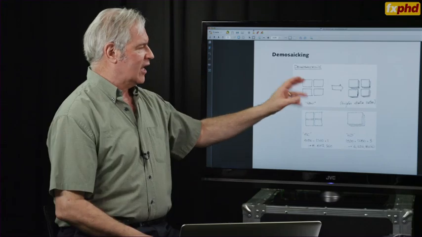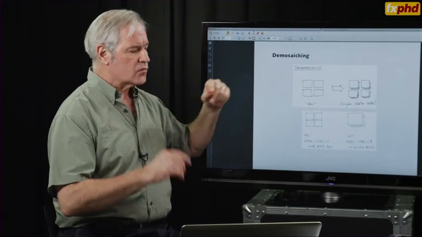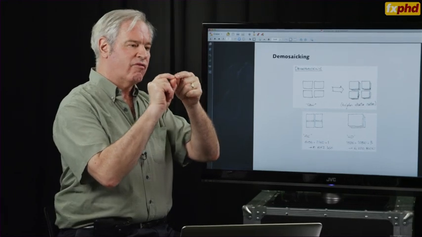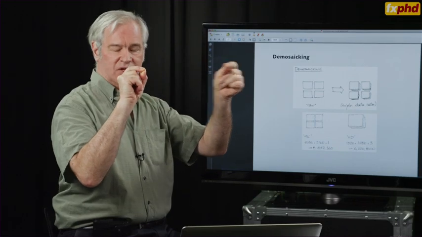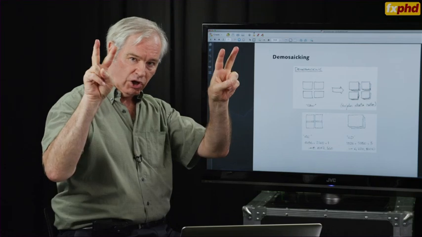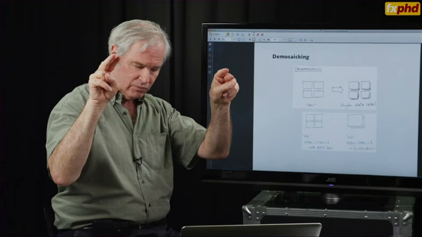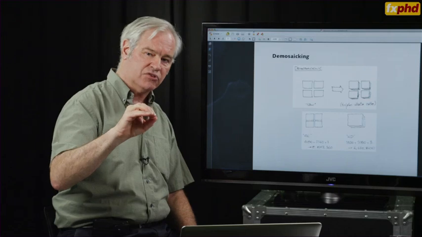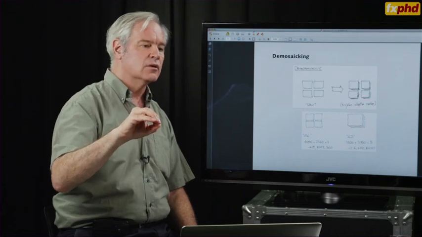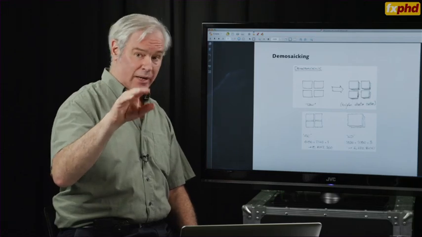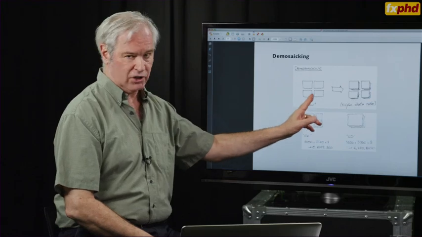So demosaicing, say, from a let's say 4K by 2K camera, so-called 4K camera, it's got 8 million little pieces of light, or 8 million total color components, but mosaicked in this RGB structure.